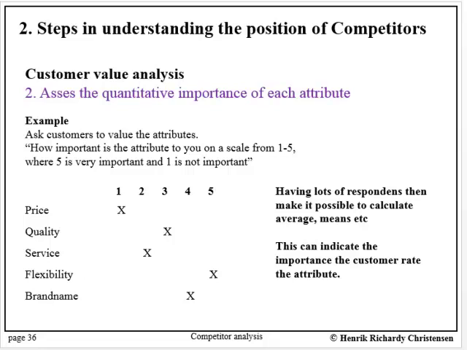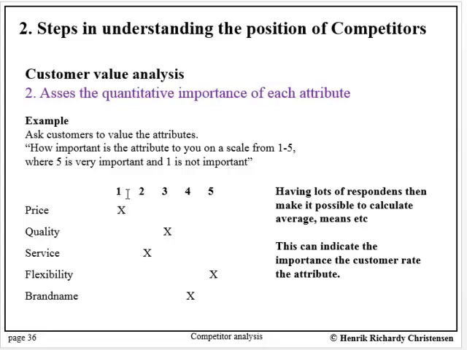If we have a lot of respondents, then, imagine this is the answers from just one respondent. If we have lots of respondents, then we can make calculations of average, means, standard deviations, etc. So if we have 100 or 1000 respondents answering the same question on price, quality, service, flexibility, brand name, then we get maybe an indication of this is the importance.